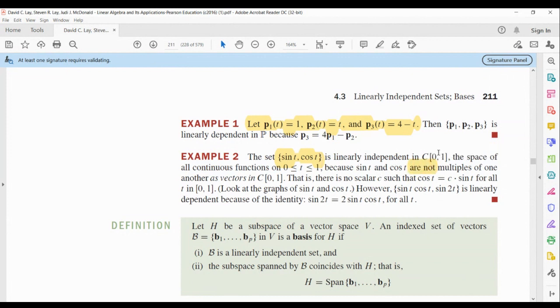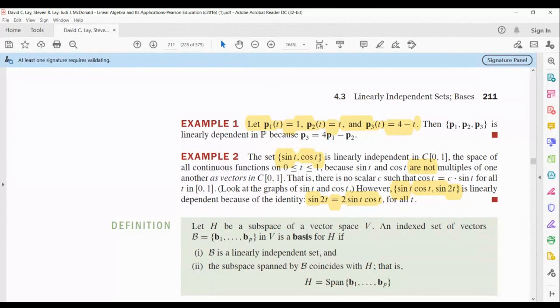But let's say you had a set where you had sine t, cosine t, and sine of 2t. Well, that set is linearly dependent because sine of 2t equals 2 times the sine times the cosine.